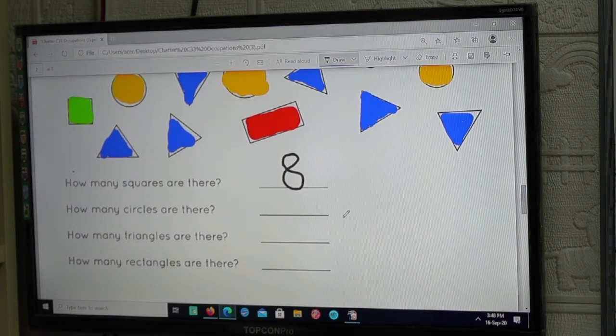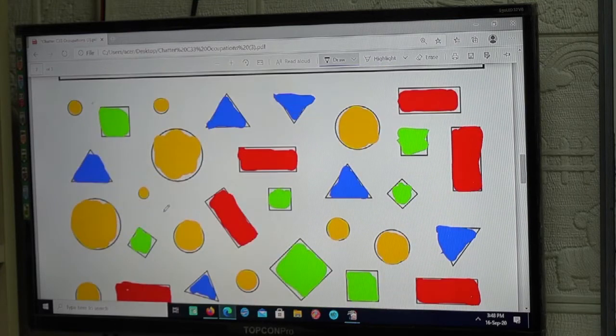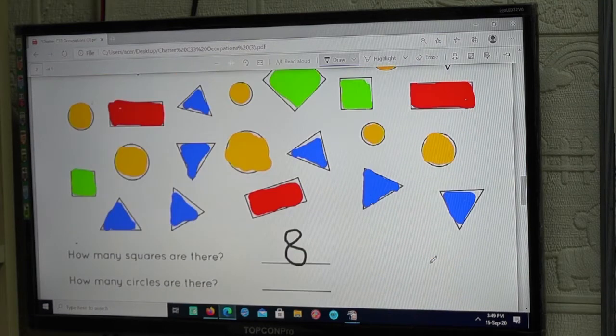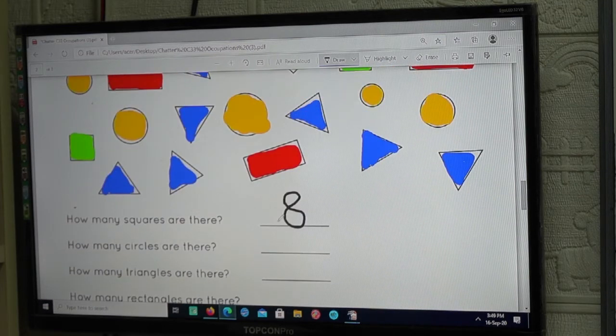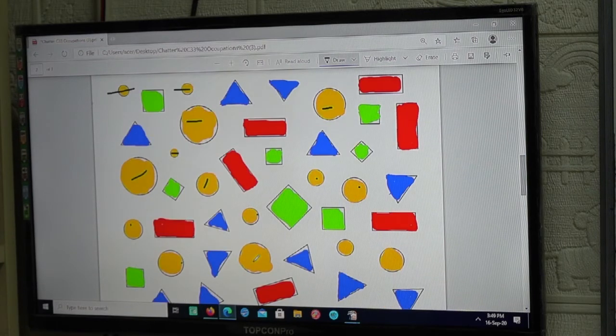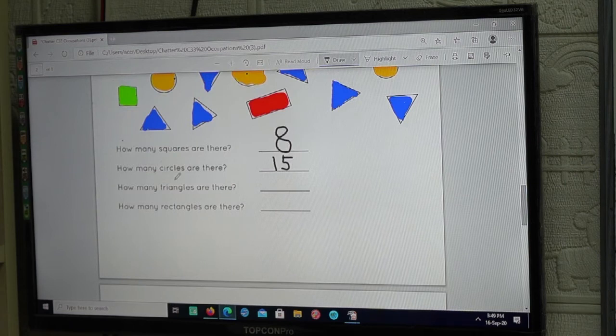The circles are in yellow, so let's count the circles together. 1, 2, 3, 4, 5, 6, 7, 8, 9, 10, 11, 12, 13, 14, 15. So there are 15 circles.